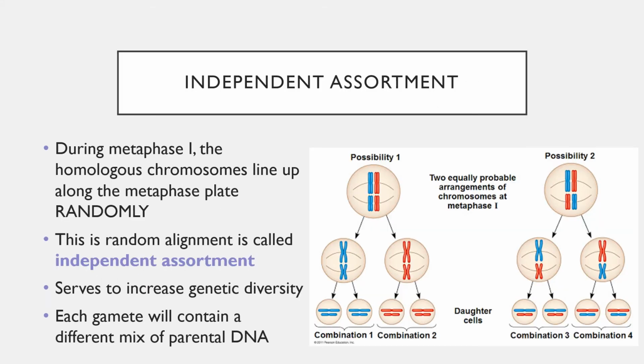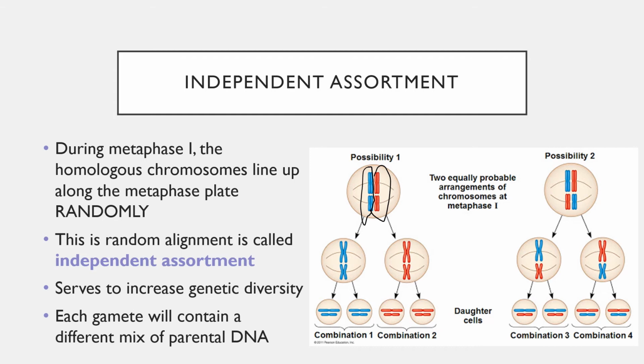The next thing that increases genetic diversity is independent assortment. During metaphase 1, the homologous chromosomes line up randomly, meaning we don't have all of one parent's chromosomes on one side and all of the other parent's chromosomes on the other side. They don't line up nicely, chromosome number 1, then chromosome number 2. It's not like Noah's Ark.